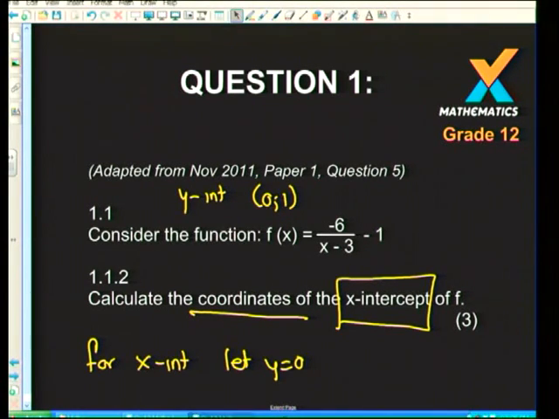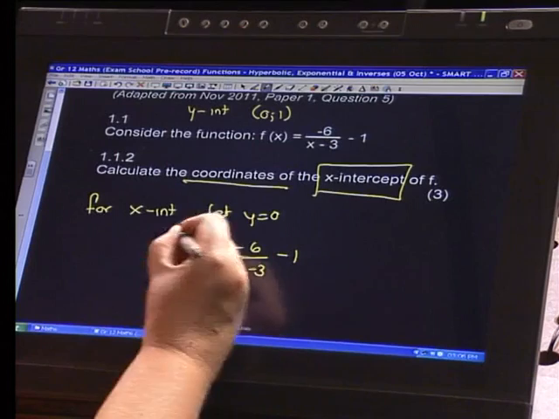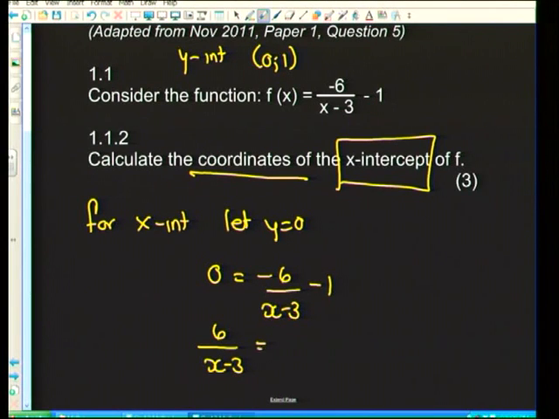So we go to the equation. If y is equal to 0, oh, I keep doing this, sorry about that. 0 is equal to minus 6 over x minus 3, minus 1. Now, to solve for this, it's up to you how you like to do it. I would bring this to this side, so it becomes 6 over x minus 3 equals minus 1.